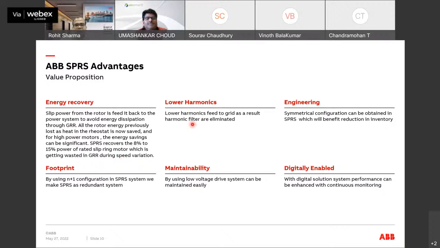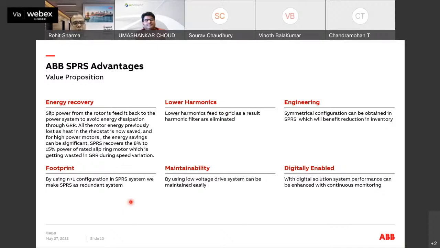Lower harmonics, due to the IGBT based system, less than 4%, which we are getting. And by our engineering capability, we are making symmetry in both the converter and the inverter side, which as an end result reduces the inventory burden on the end customer.